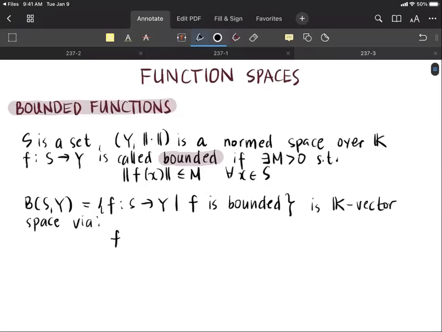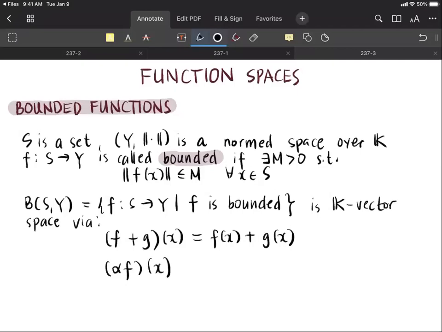In other words, the function f plus g at x is defined to be the sum of the values at x, and then the scalar alpha times the function evaluated at x is the function value at x times the scalar alpha.